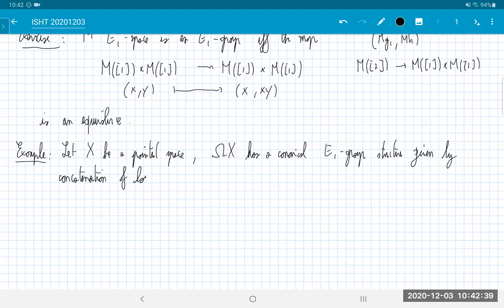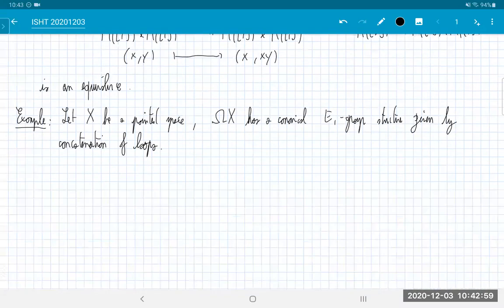I'm going to define it. And in fact, the main theorem of today is that this is going to be the only example of E1 groups. Every E1 group is going to be of this form. And okay, how do we construct this? I need to construct a functor from delta up into space.